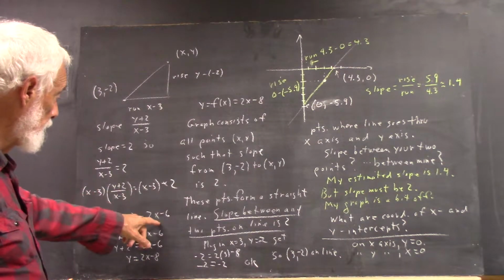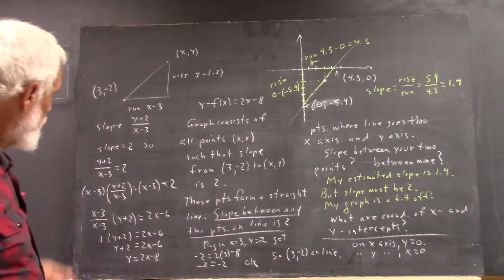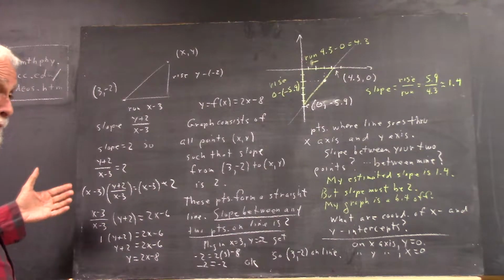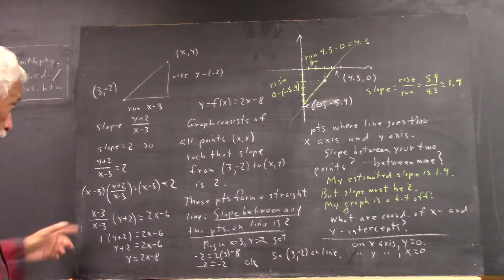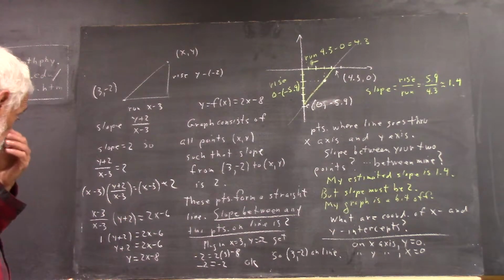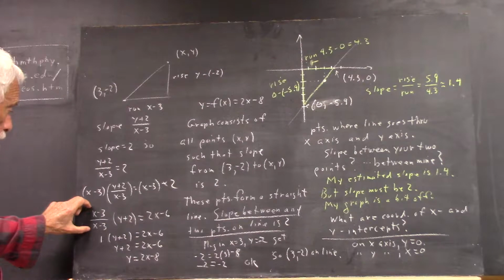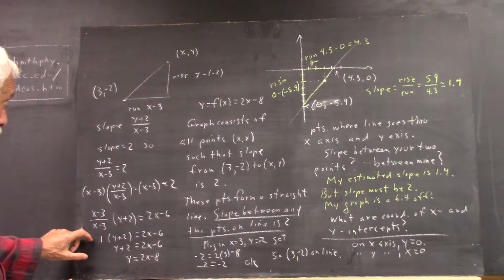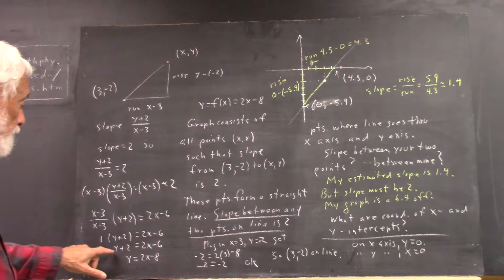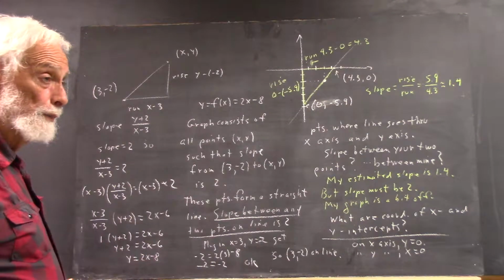We got 2x minus 6. Then (x - 3) over (x - 3) is 1. That's why we multiplied both sides by x minus 3; the goal was to clear the denominator. And 1 times y plus 2 is just y plus 2. So we get y plus 2 equals 2x minus 6.